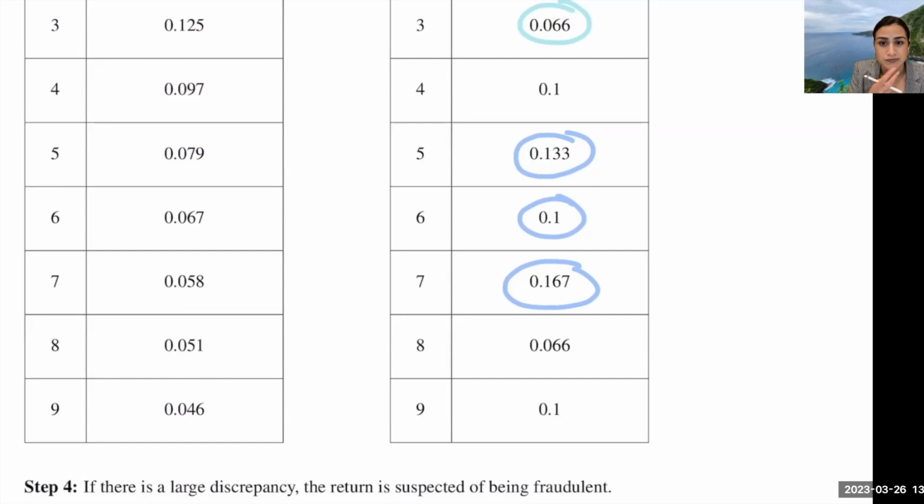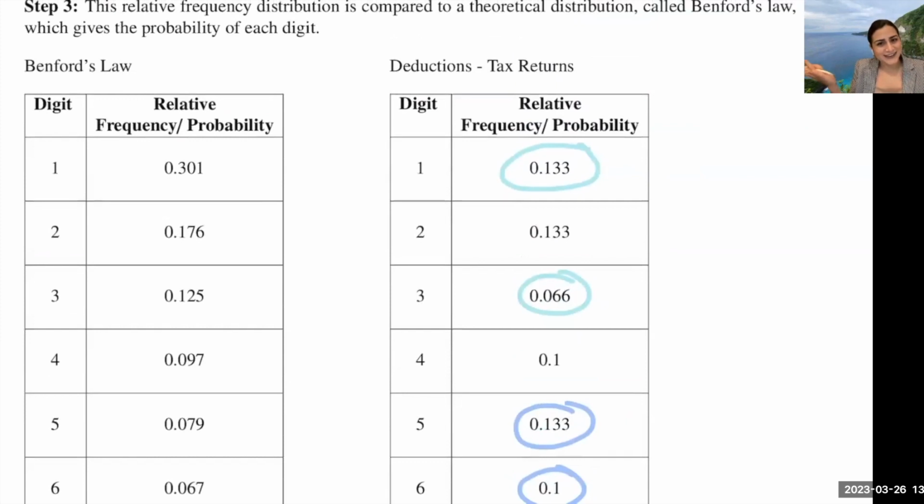So that one's definitely very suspicious. This one, not so much, they're not that off. This one's suspicious as well, because this is 4.6% and this is 10%. So what do you all think?